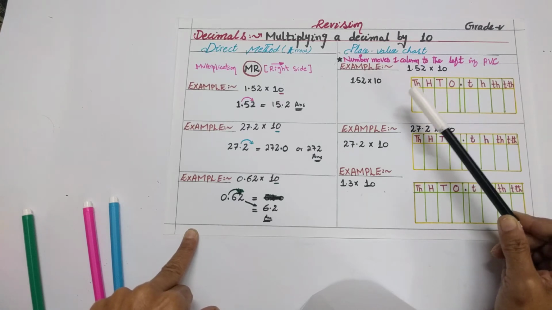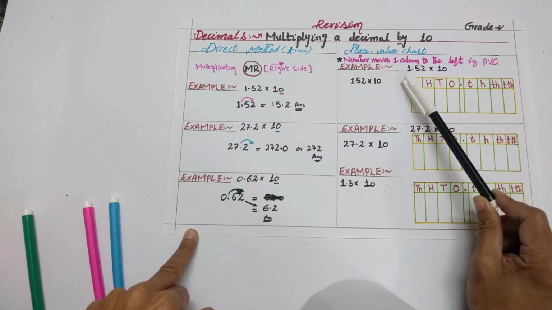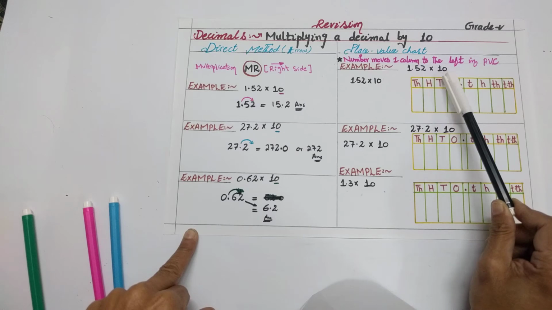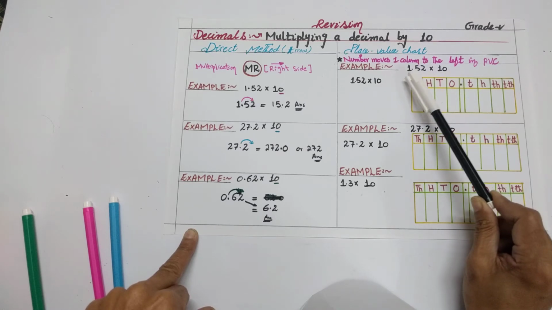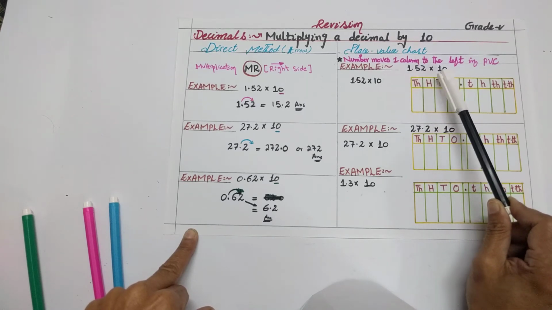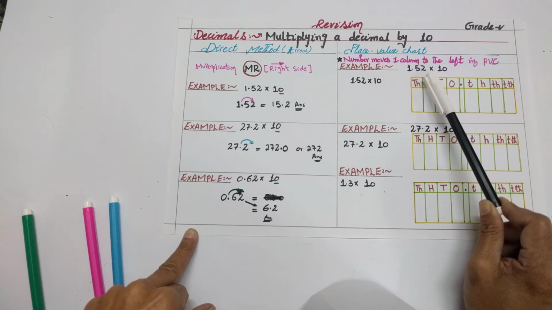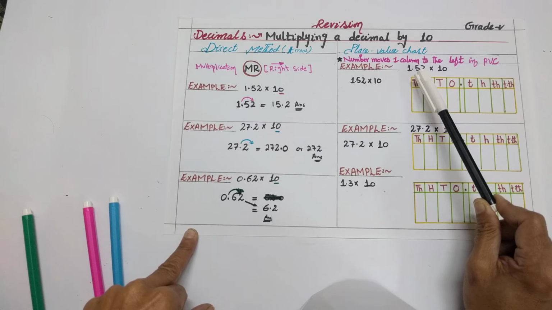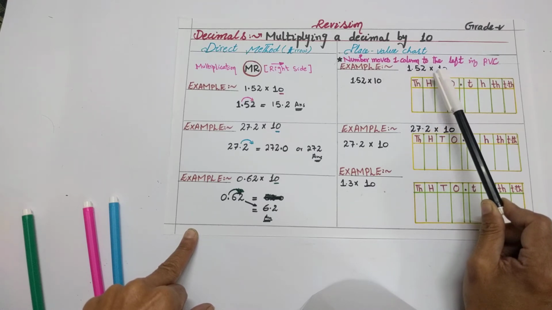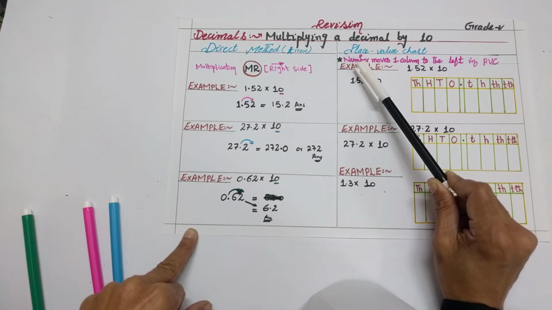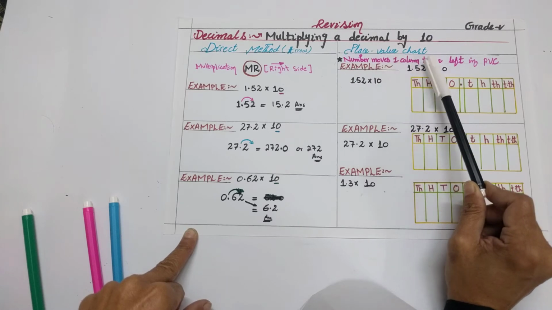So let's start with the help of this example. 1.52 multiplied by 10. Now 1.52 is our decimal number and 10 is our multiplier. So by place value chart, when we multiply this decimal by 10, we will follow this rule: the number moves one column to the left.